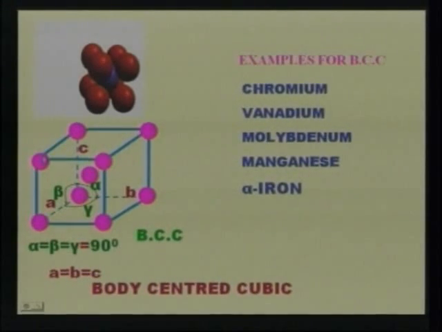By seeing this cube, we can clearly see the atoms in the corners and also another atom at the center of the body. The examples of the body centered cubic lattice for a metal are chromium, vanadium, molybdenum, manganese and alpha iron.